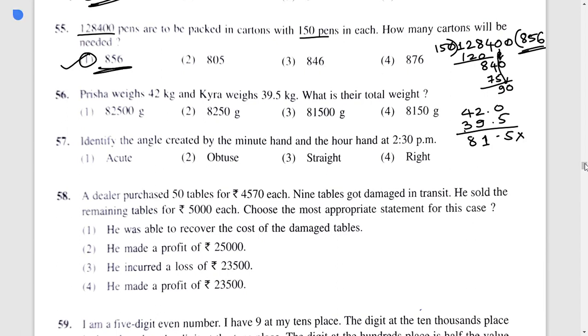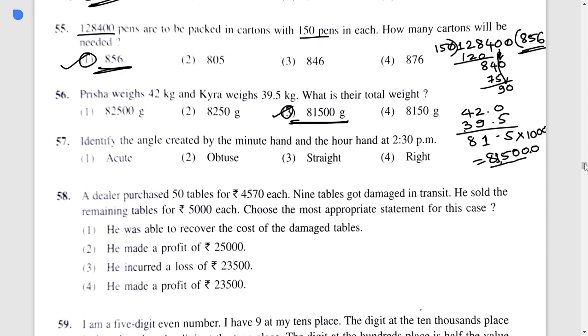So to convert kg into grams, you have to multiply it by 1000. So 81,500, the decimal point value comes here. So the answer is 81,500 grams. So option C, that is the third option, is the right answer. 81,500 grams is the right answer here.